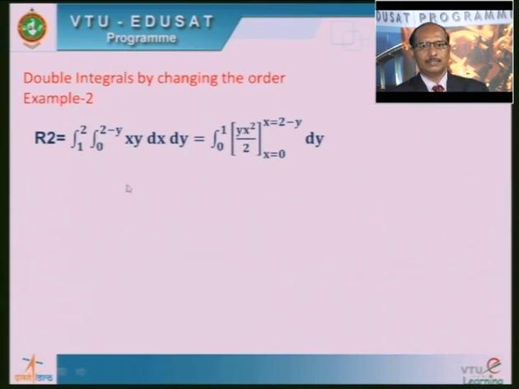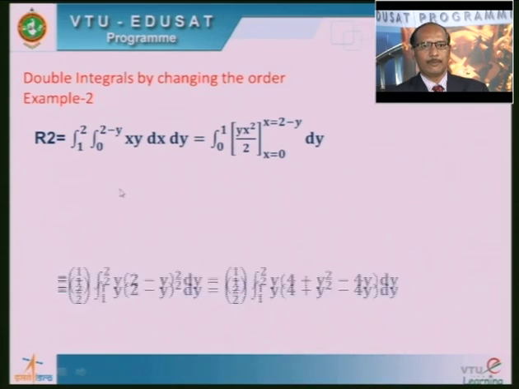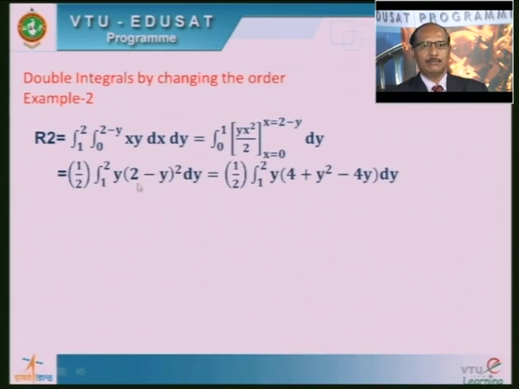Put in place of x, 2 minus y and 0. So putting the upper limit, y as it is, in place of x you substitute. So 1 upon 2 is taken outside, that is a constant. Only it is y into x square. So y into x square, in place of x it is substituted 2 minus y, 2 minus y whole square, because x square is there, dy. The lower limit is 0, that is why it is not considered.